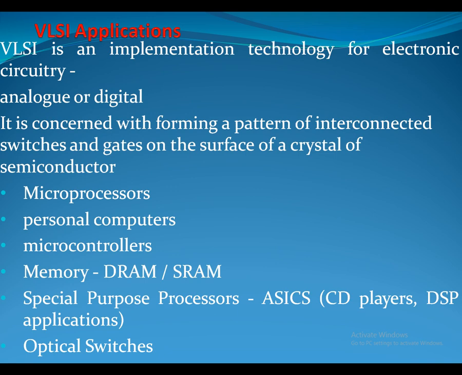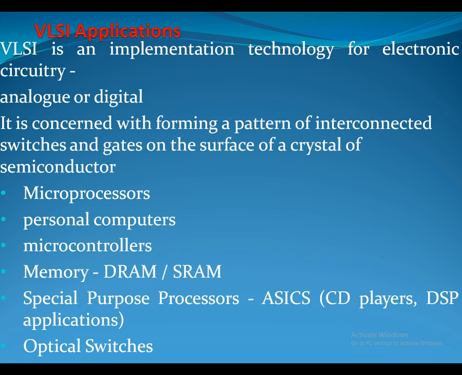Microprocessors, personal computers, microcomputers, memory, DRAM, SRAM, these types of devices are used. DRAM means, friends, dynamic RAM, and SRAM means static RAM. DRAM works very dynamically. Static RAM is a fixed memory, and it does not change with time.